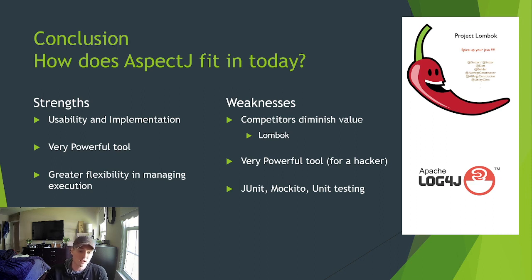So sadly, new technologies like Lombok, which we see up here, have kind of diminished the value of some of the core features of AspectJ. Lombok handles much of the boilerplate code associated with large code bases. It can automatically handle large changes. Upon creation of a lot of projects, it will handle the getters and setters.